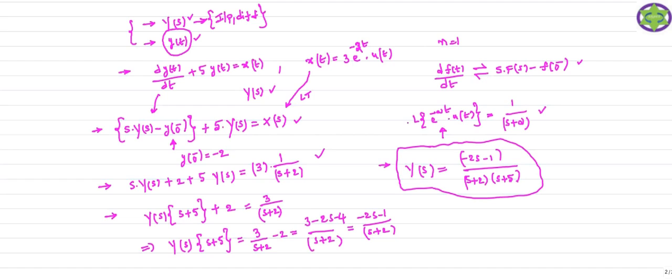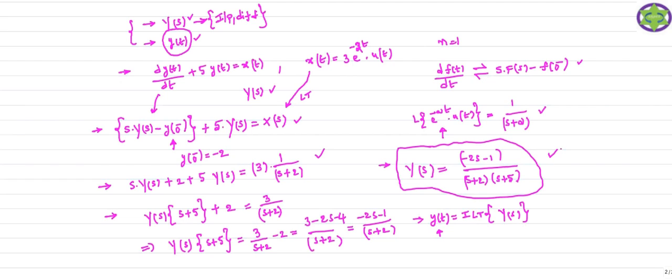Now in the second step, I am going to find Y of t. How are we going to find Y of t? You just apply the inverse Laplace transform on your capital Y of s. That is the response of the system. Capital Y of s is already derived in the first step.